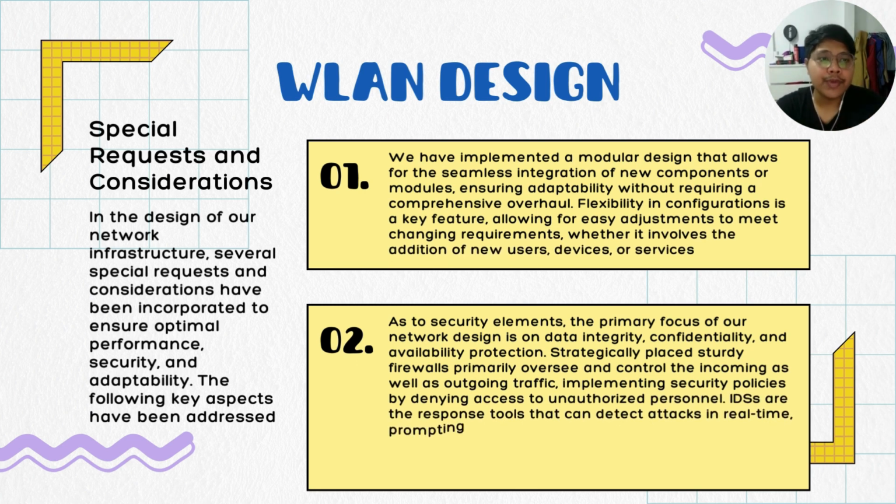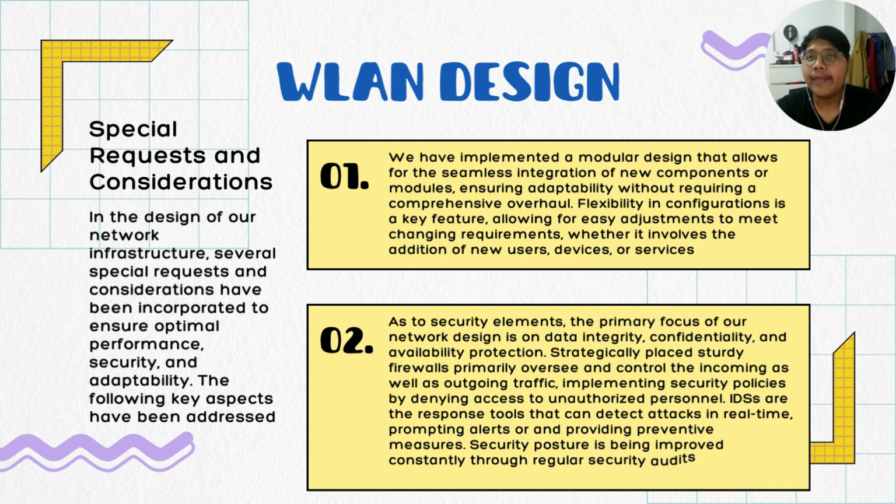The first one is that we have implemented a modular design that allows for seamless integration of new components or modules, ensuring adaptability without requiring a comprehensive overhaul. Flexibility in configuration is a key feature, allowing easy adjustment to changing requirements, whether it involves the addition of new users, devices, or services.